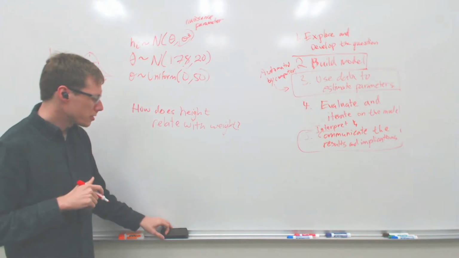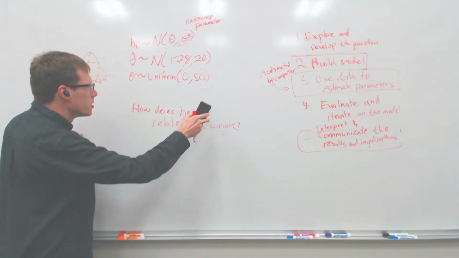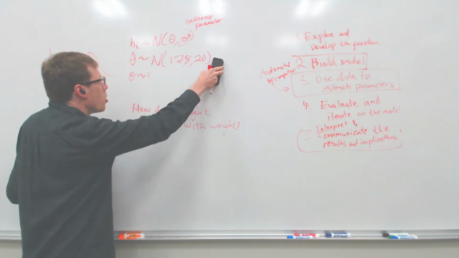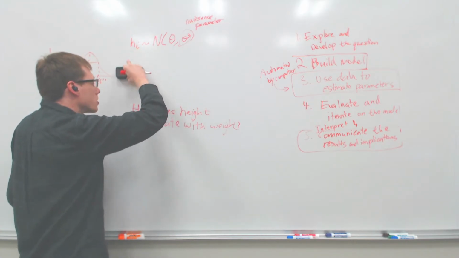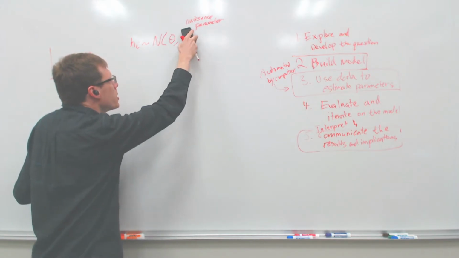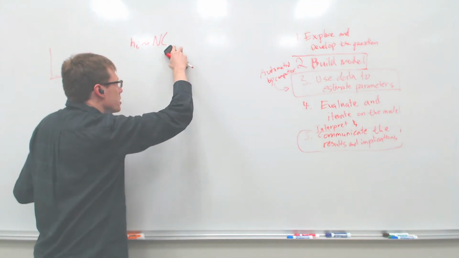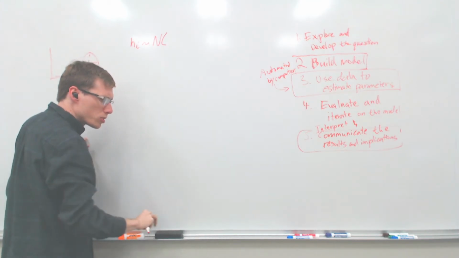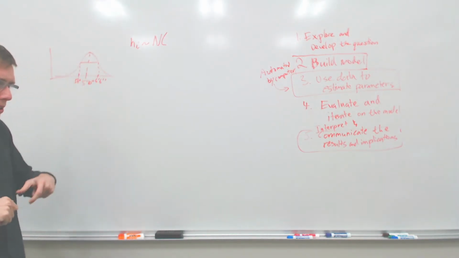What happens here is that the model is not going to be all that different. The main thing that's going to change is that I'm going to switch over to mu here because this is a little bit more standard.